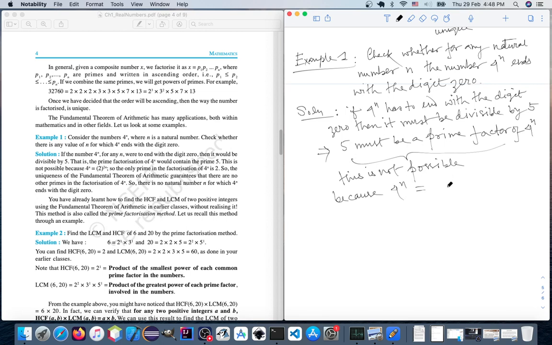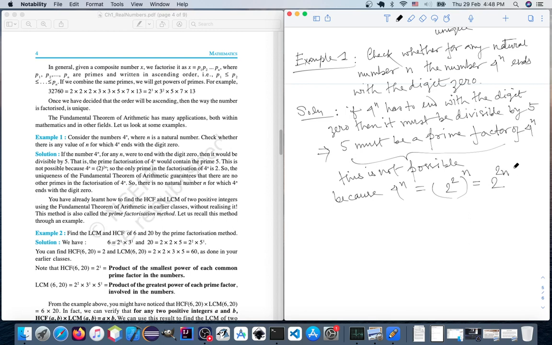We know 4 is 2 to the power 2, and we have 4 to the power n. So we can write 4 to the power n as (2 to the power 2) to the power n, which, if we simplify, will be 2 to the power 2n. Now, what does it mean?